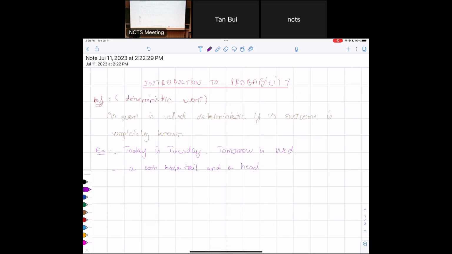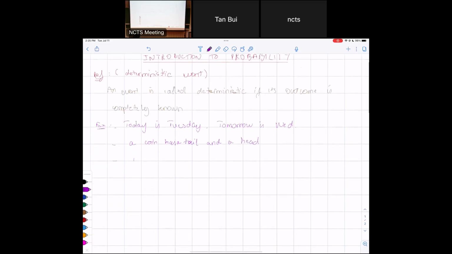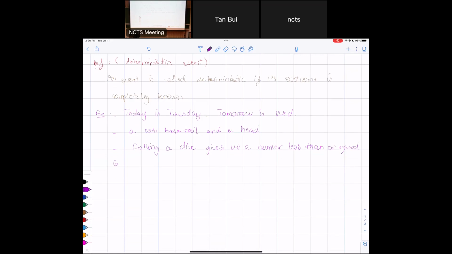And then of course maybe the closest is rolling a die. Rolling a standard die with 6 faces, we fix the thing, will give us a number less than or equal to 6. So those are deterministic events where you know things for sure. Nothing is uncertain about these at all.